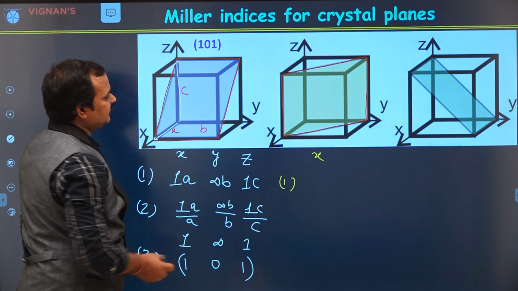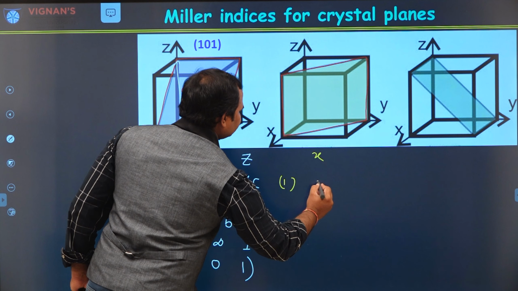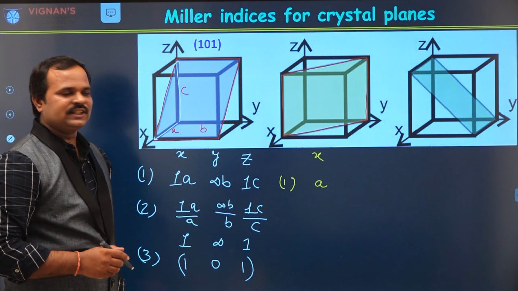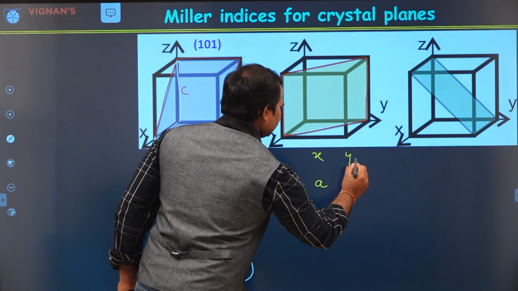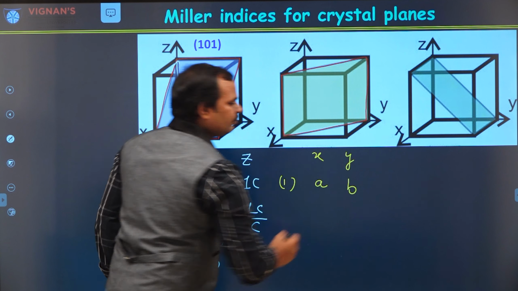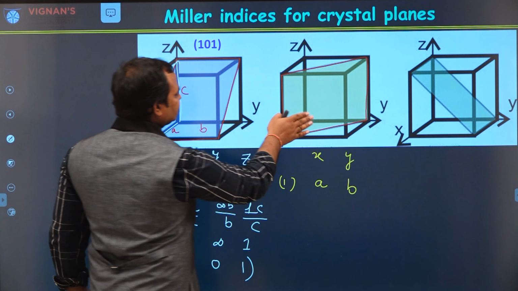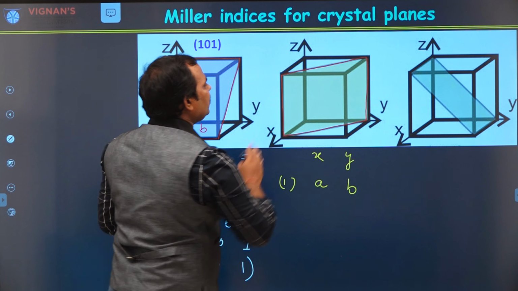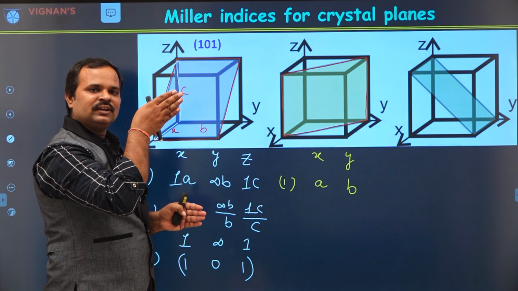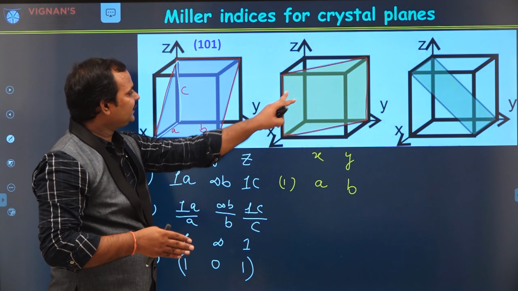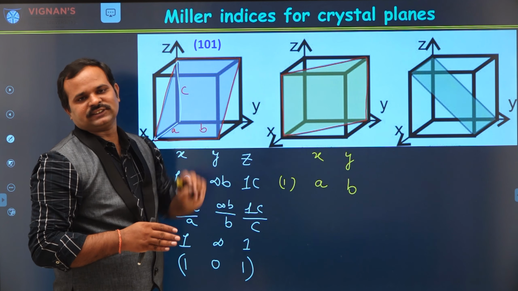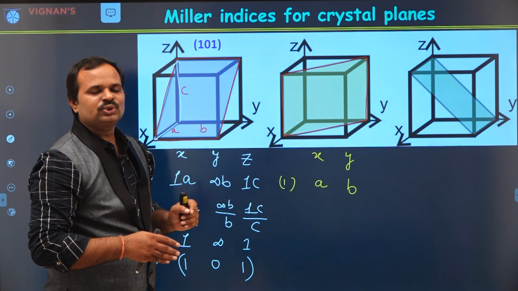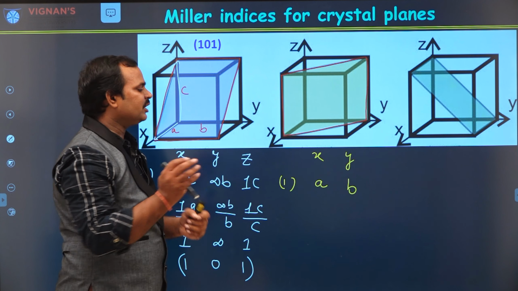On the x-axis, it is intercepting at A. On the y-axis, it is intercepting at B. In the z-axis, this is the z-axis and this is the plane. Even if you extend the plane and the axis in both directions, this plane will never intercept the z-axis. That means this plane is parallel to the z-axis. So, the intercept of the parallel plane is infinity.